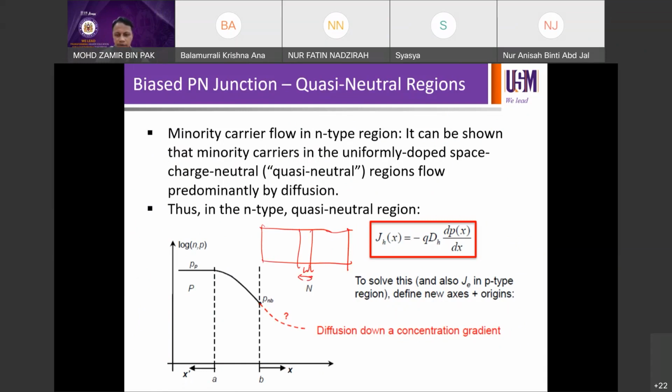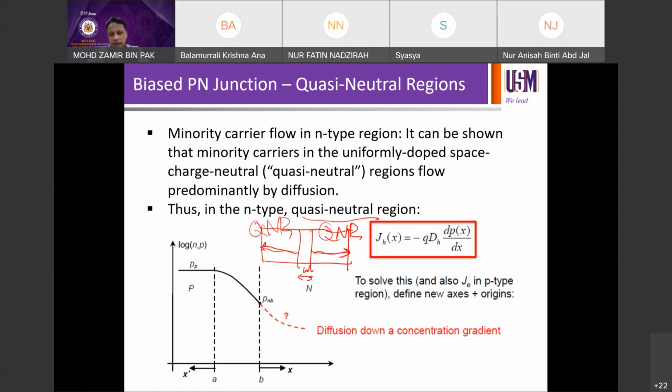To the left and to the right is where you have the neutral region. Remember last time we talked about the plot of your space charge. We have space charge only at the center. So to the right and to the left is essentially neutral. And this is called QNR, quasi-neutral region. So beyond this, there's the quasi-neutral region.